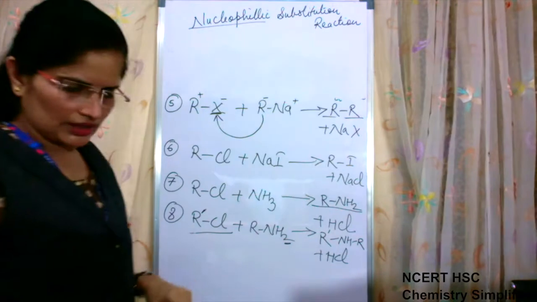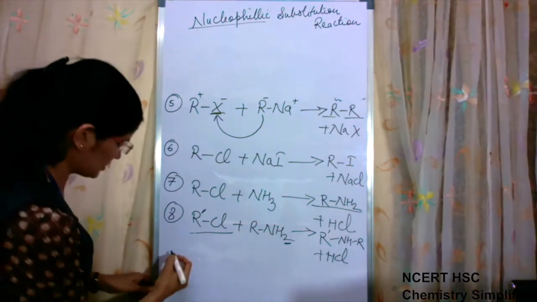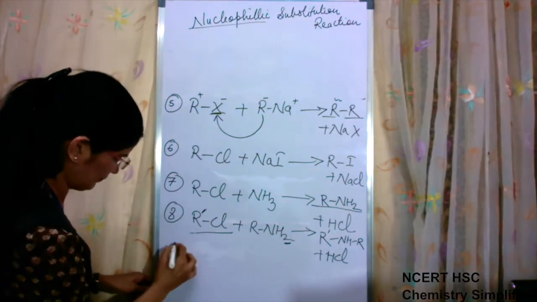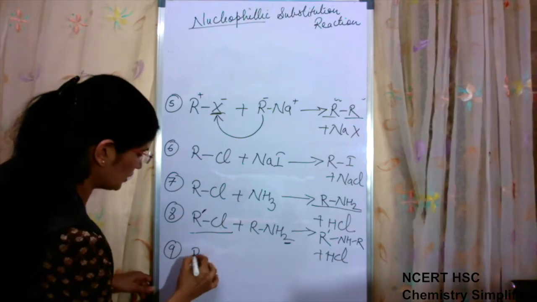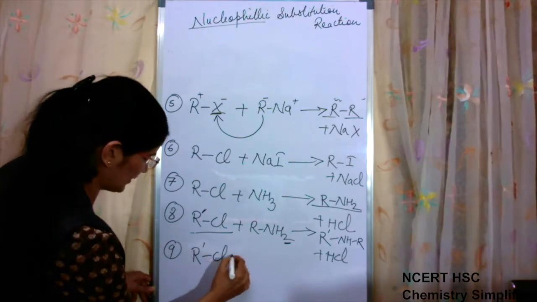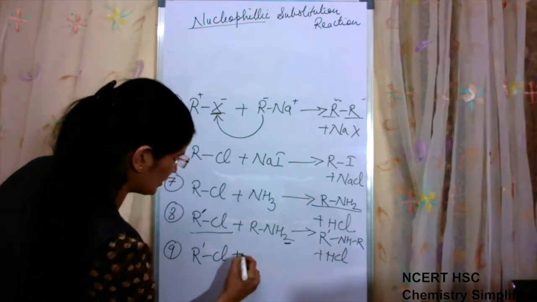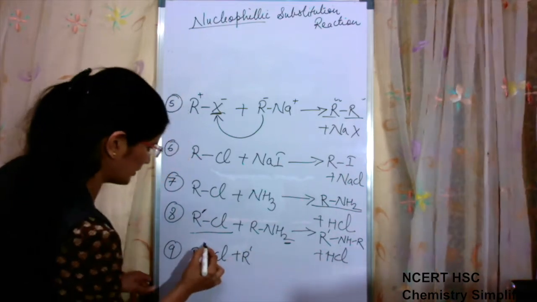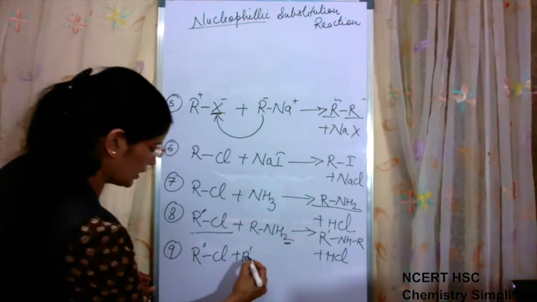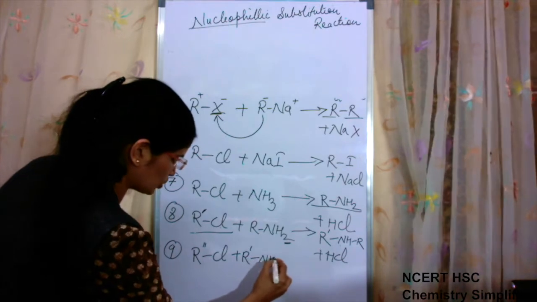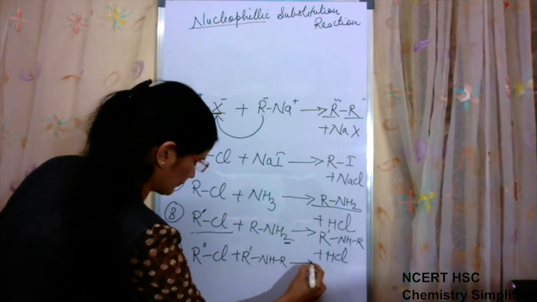Even tertiary amines, if this is visible, if I write here, one more alkyl halide I take, and I take secondary amine, that is R dash, let me take it R double dash, R dash NH R is taken.